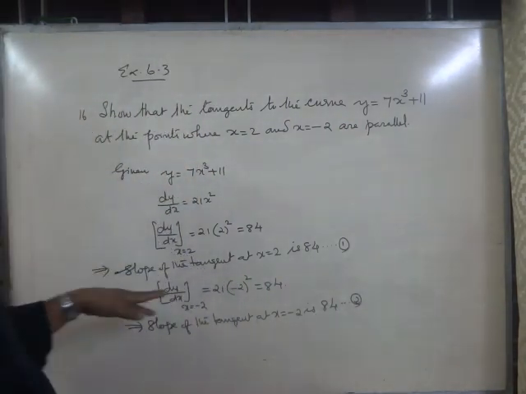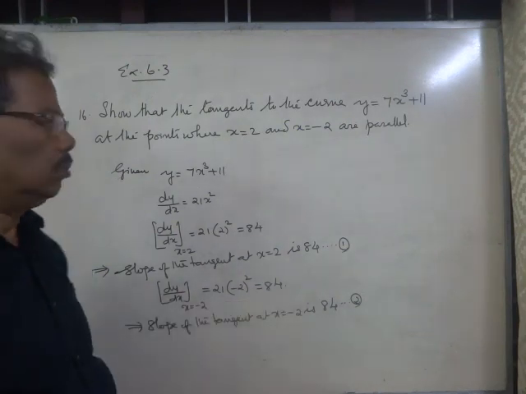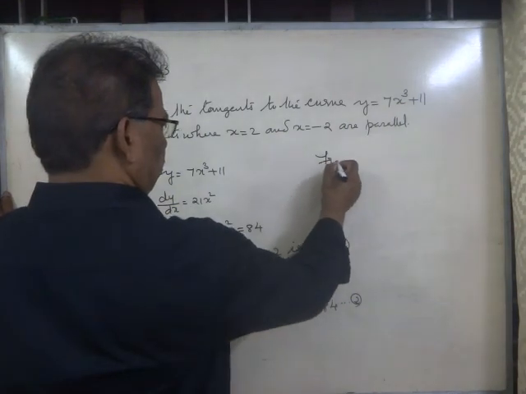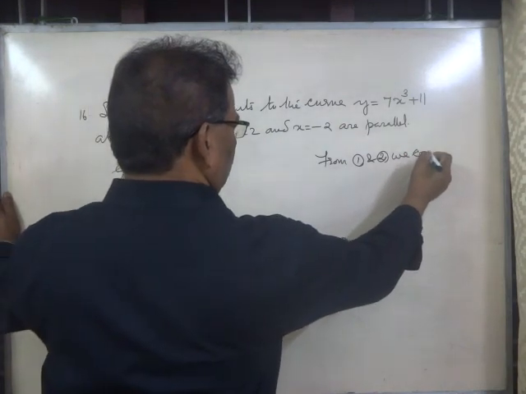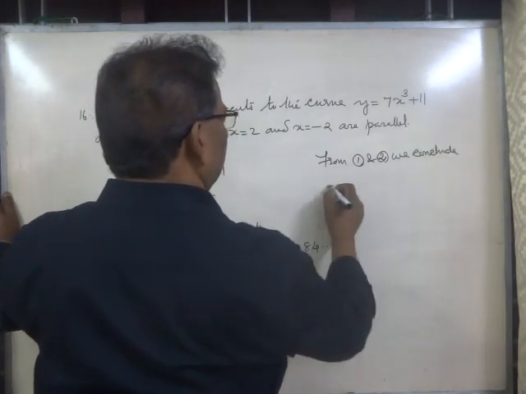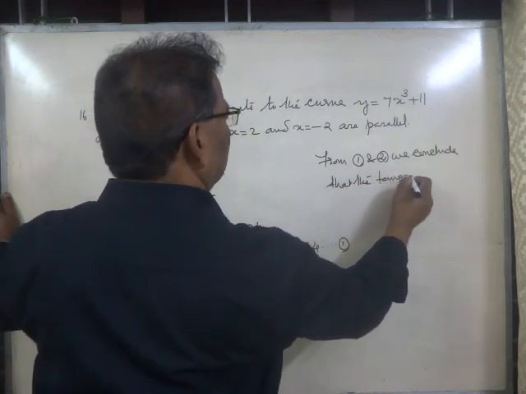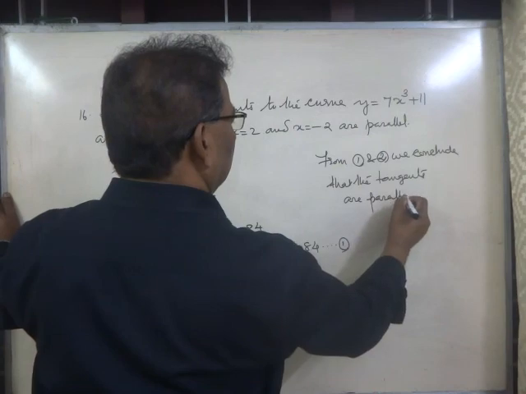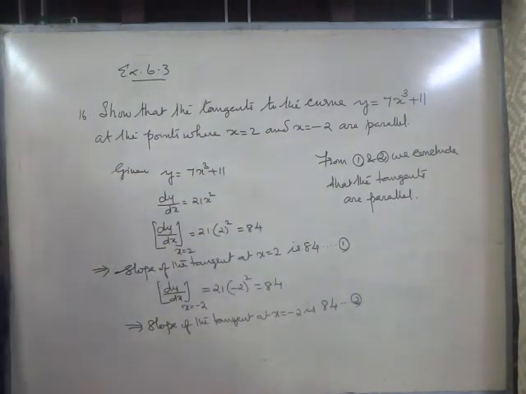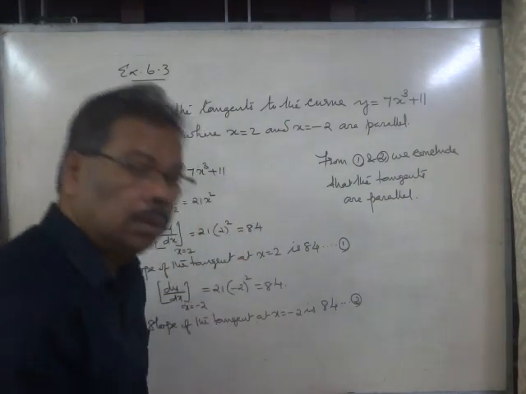Slope of the tangent at x equals 2 is 84. Slope of the tangent at x equals minus 2 is also 84. From 1 and 2, we conclude that the tangents are parallel. I think you got it.